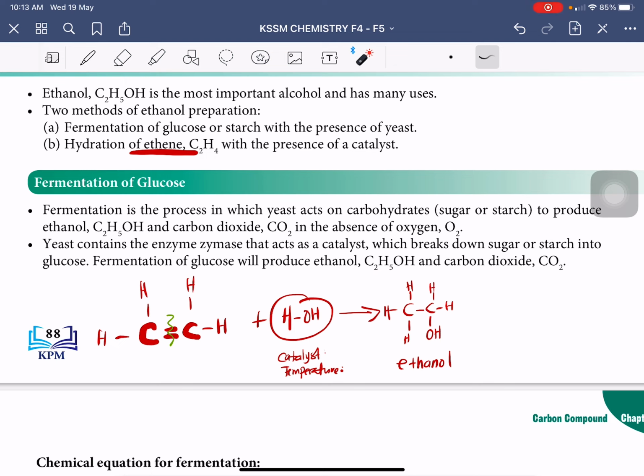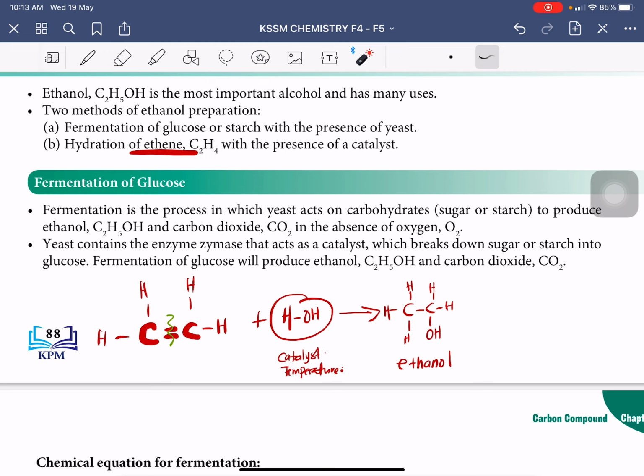For your information, those who know how to bake will understand why your bun is bigger at the end of the process of waiting. Because of the yeast. Yeast acts on the sugar inside the bun, so it will produce carbon dioxide.